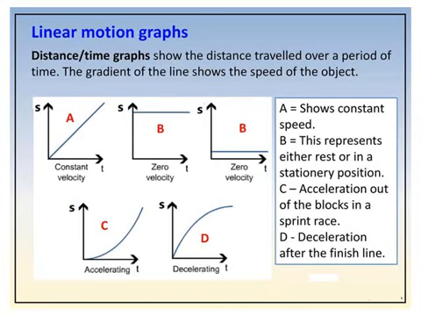You have different types of lines in the graph, and each line predicts a certain type of motion. Look at graph A. It has a slanting line between displacement or distance and time. When the graph is like this, it represents that the body is moving with constant velocity.